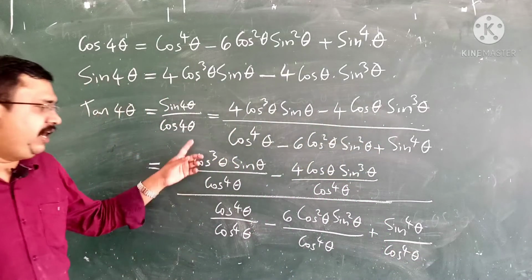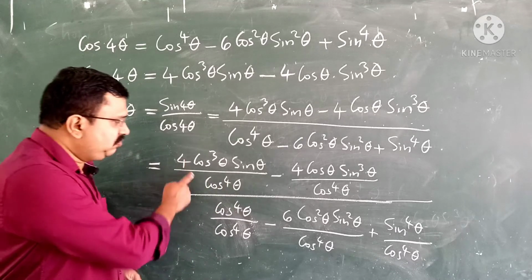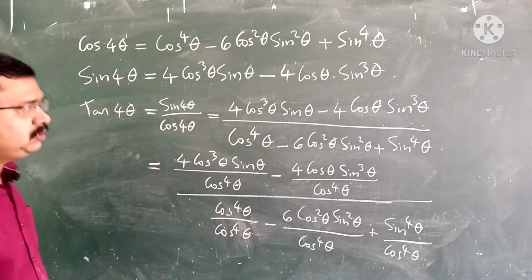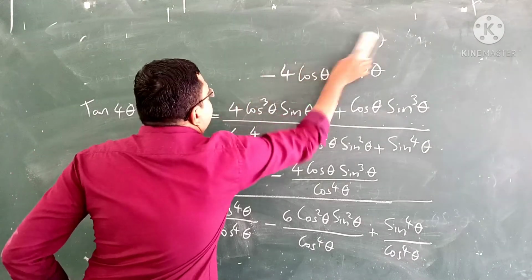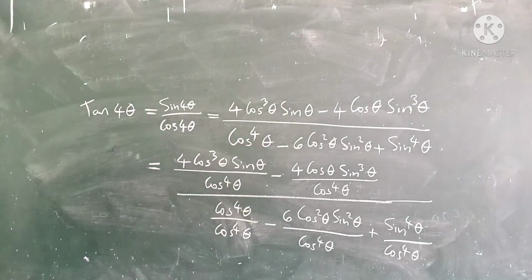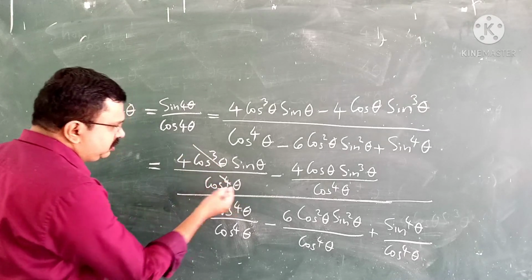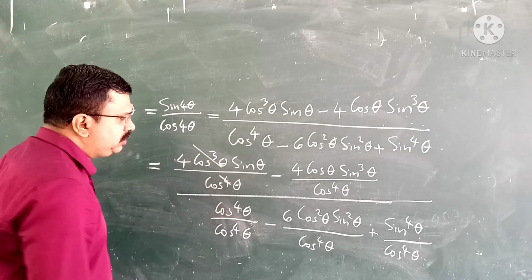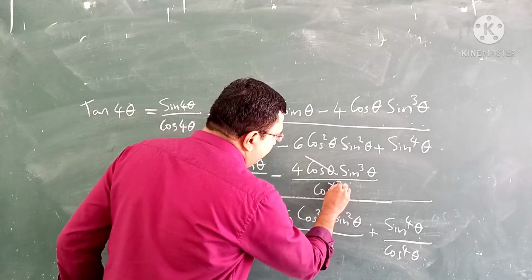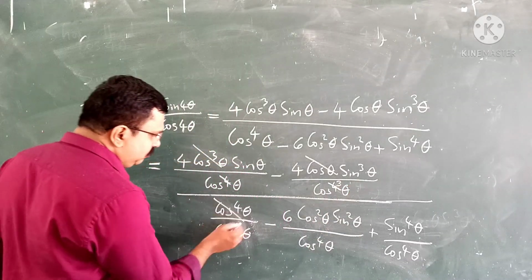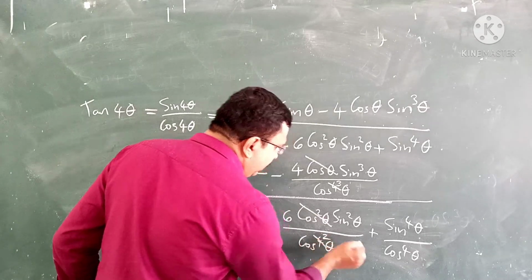That is, we are dividing throughout by cos raised to 4 theta. When we are dividing, we can cancel cos cube theta and cos raised to 4 theta. The denominator is cos theta, 4 is cancelling, the remaining is 3. Here is 1, and here is cos square theta and cos raised to 4, the remaining is 2.